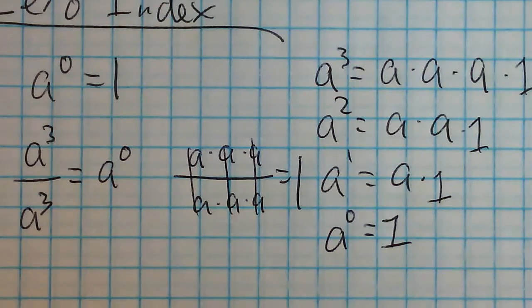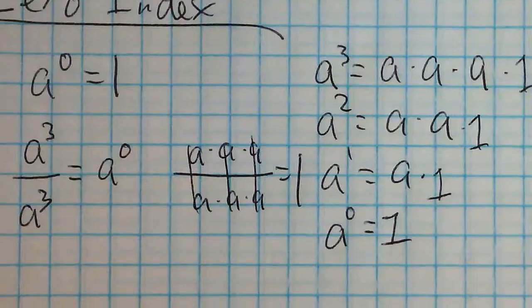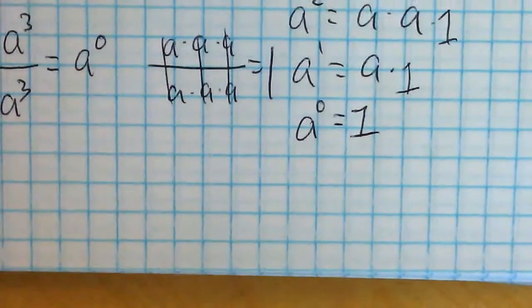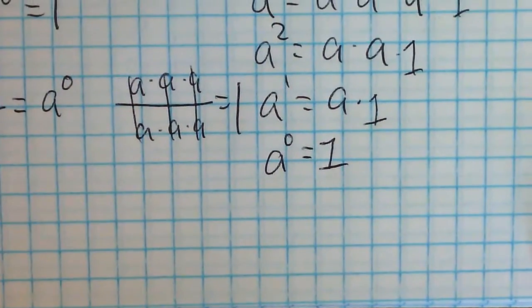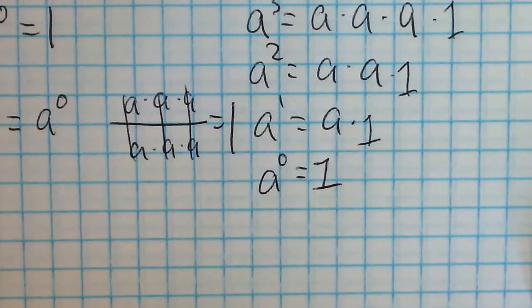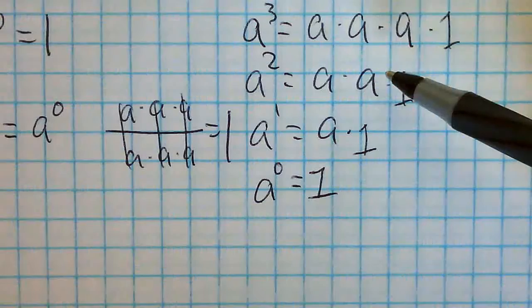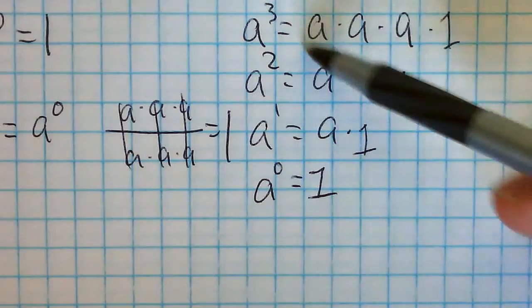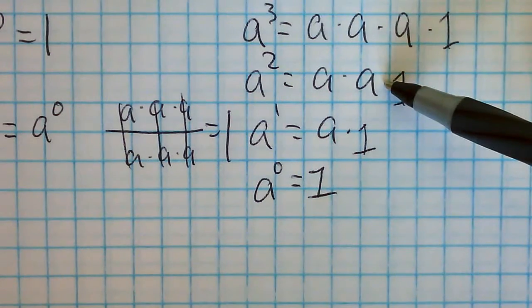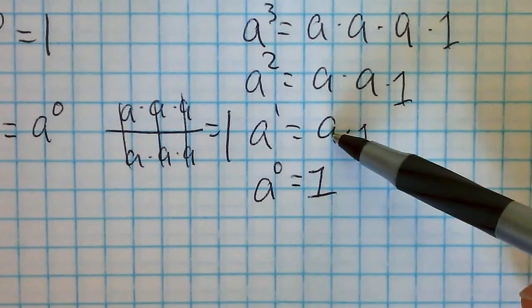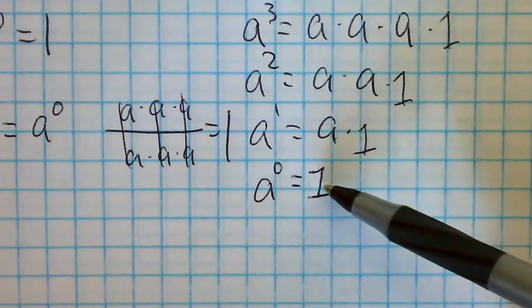All right, let's go a step further and go to negative indices. Let's keep going down this chart right here. Notice here, as I kept going, what I was doing was dividing by an a, right? So all this divided by an a gets me this. And then this divided by an a gets me this. And this divided by an a gets me this.